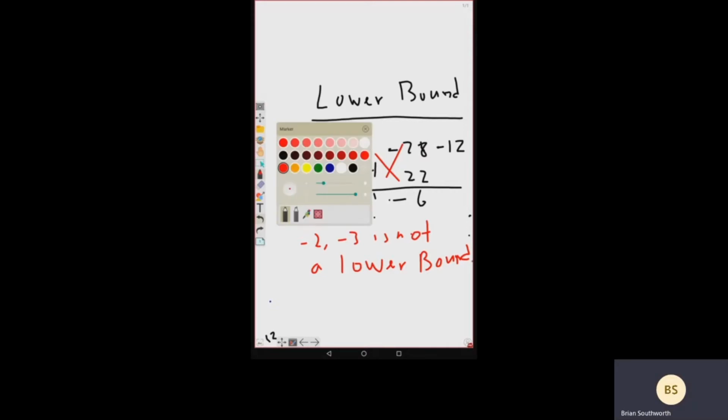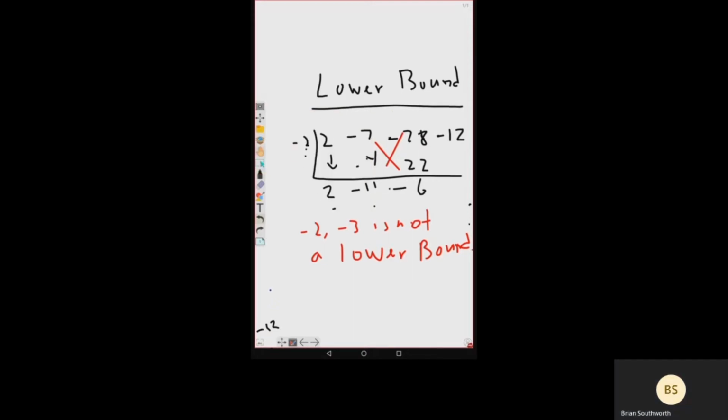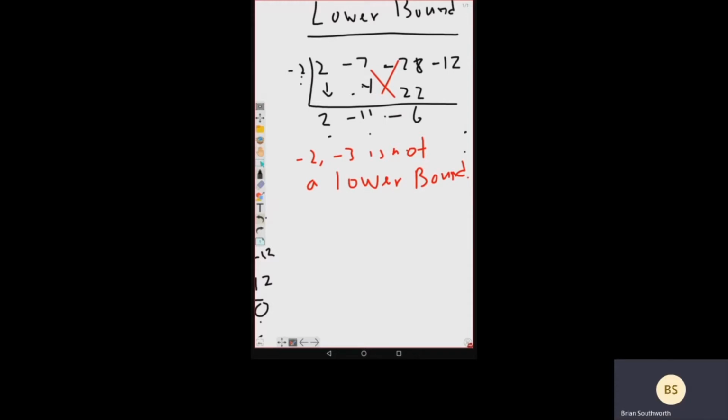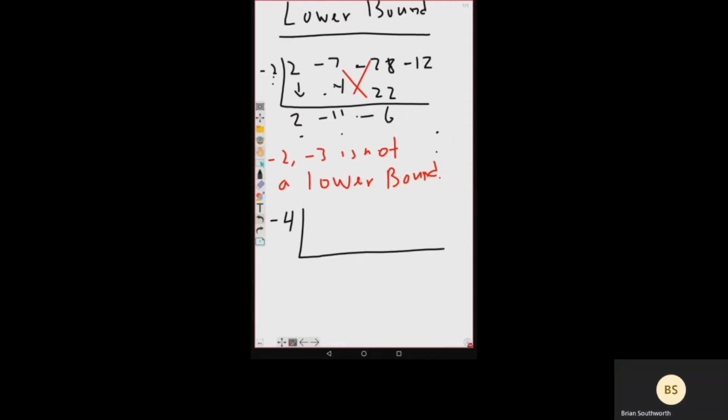We'll go ahead and skip to the one it is, just to make the video a little faster. So let's test minus 4 and see if it's right. 2, minus 7, minus 28, minus 12. Bring down the 2. 2 times minus 4 is minus 8.